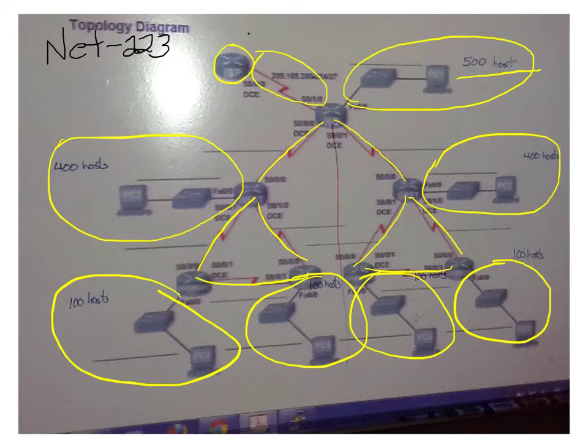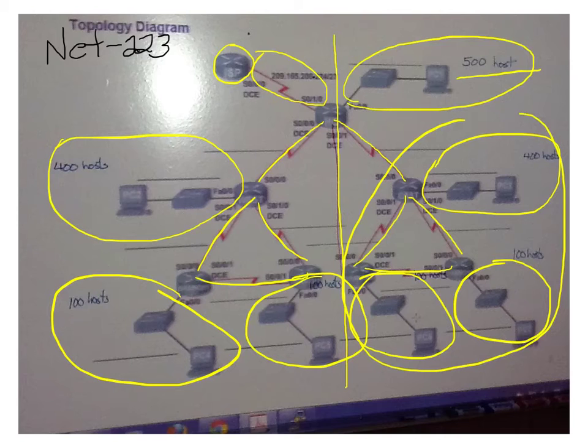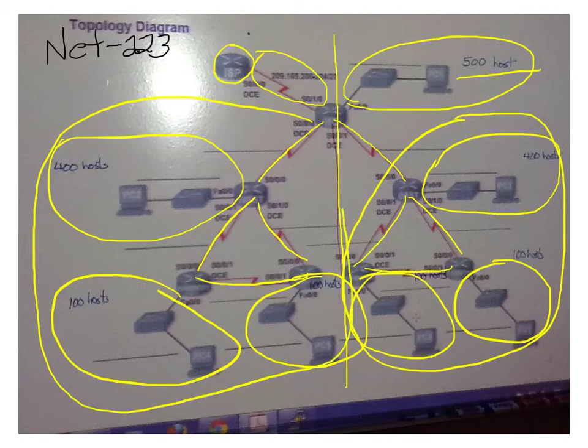Okay? So I'm going to go to the last thing we talked about. If I go back to the first slide here, if you look at how you might divide the addresses up, if you drew a line down here, and you put a block of addresses on this side and a block of addresses on this side, there's a way you could divide it up so you could have one route pointing this way and one this way.